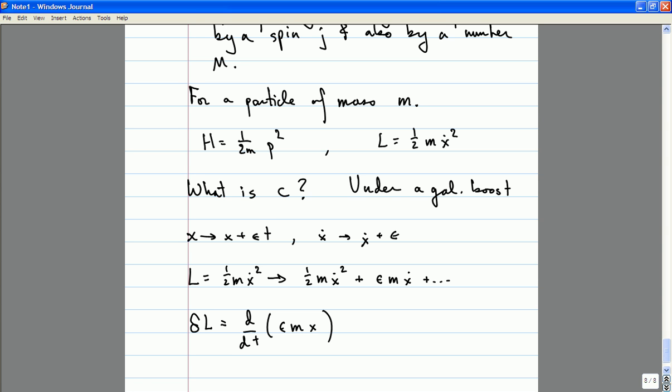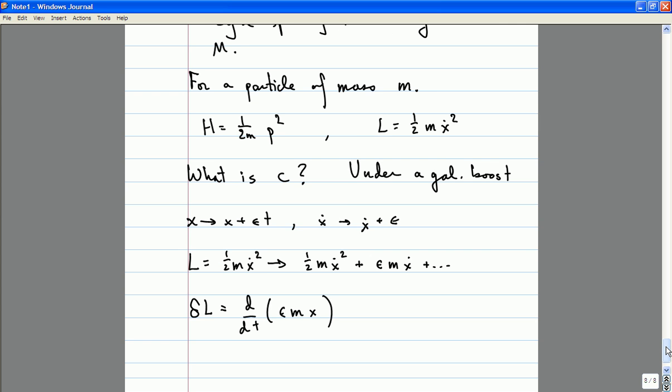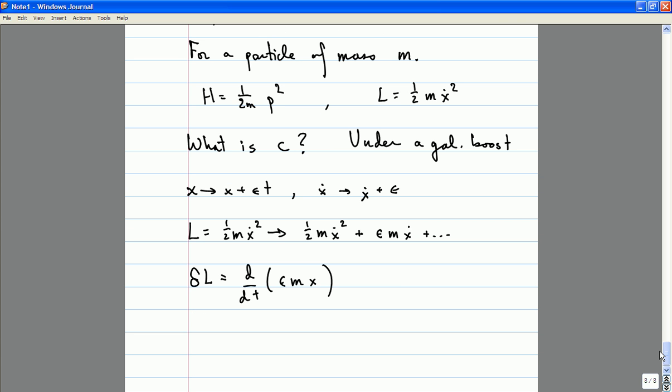We saw that earlier in this course. And so what this means is that under an infinitesimal Galilean boost, the equations of motion are unchanged, as we expected. Okay. And now we would like to understand what the conserved quantity is associated with that symmetry. And so we need to use the Noether procedure.